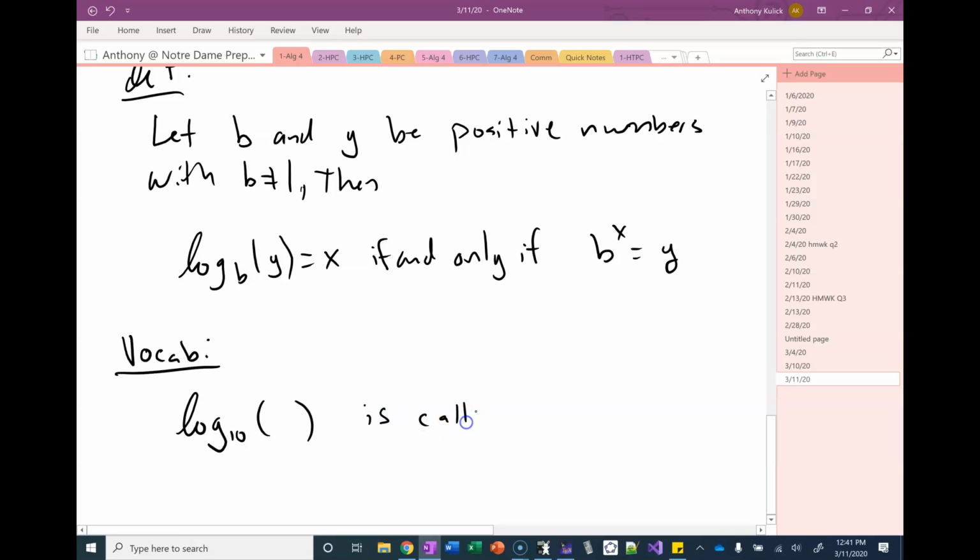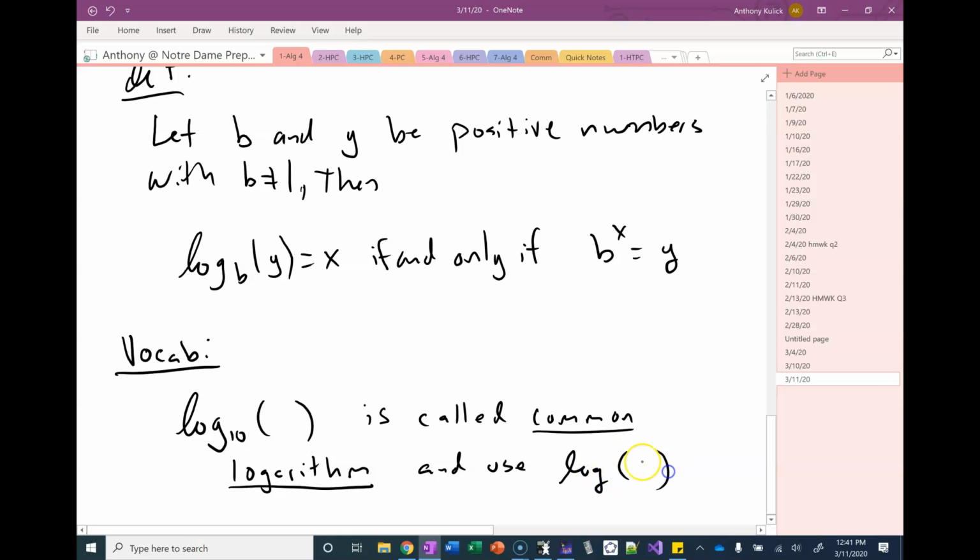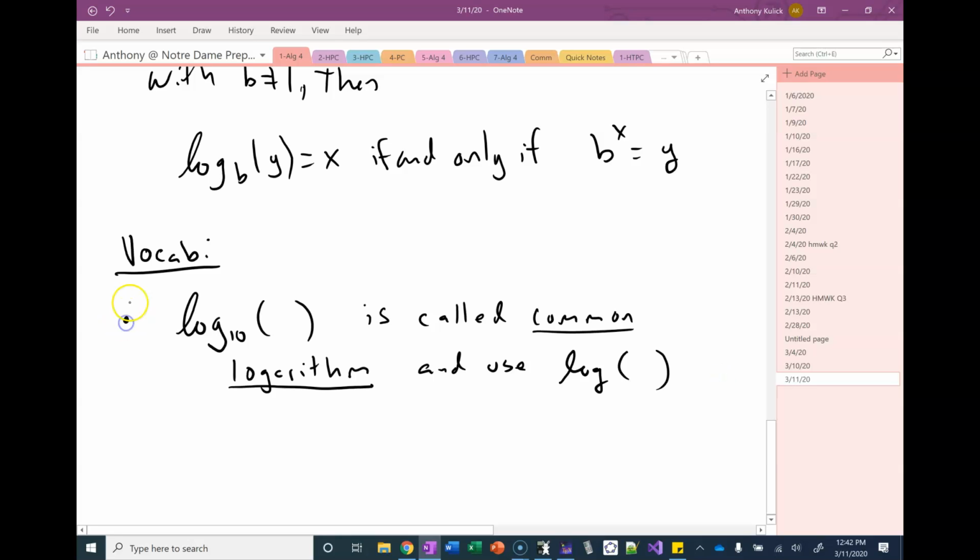We're going to call this the common logarithm. And we're going to use the symbol instead of log base 10. We're just going to write log with no base there at all. So if we write log with no base, we understand the base to be 10. That's all we're saying there.